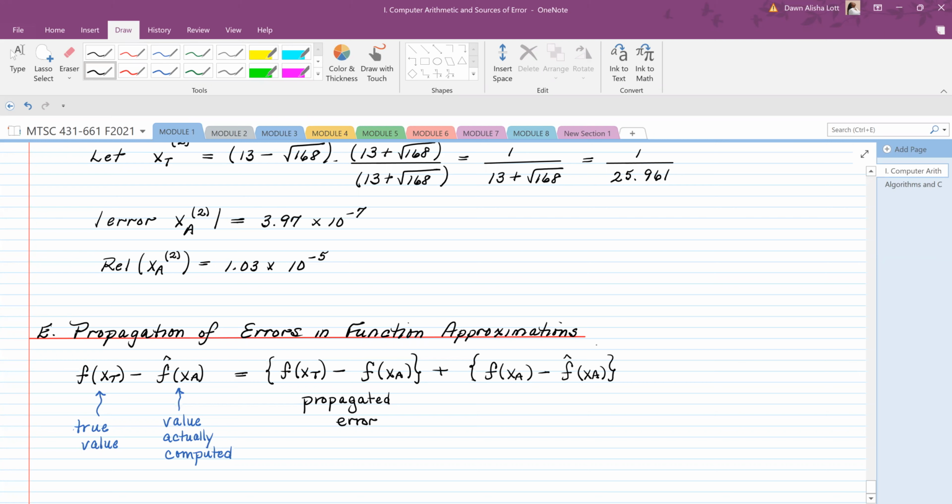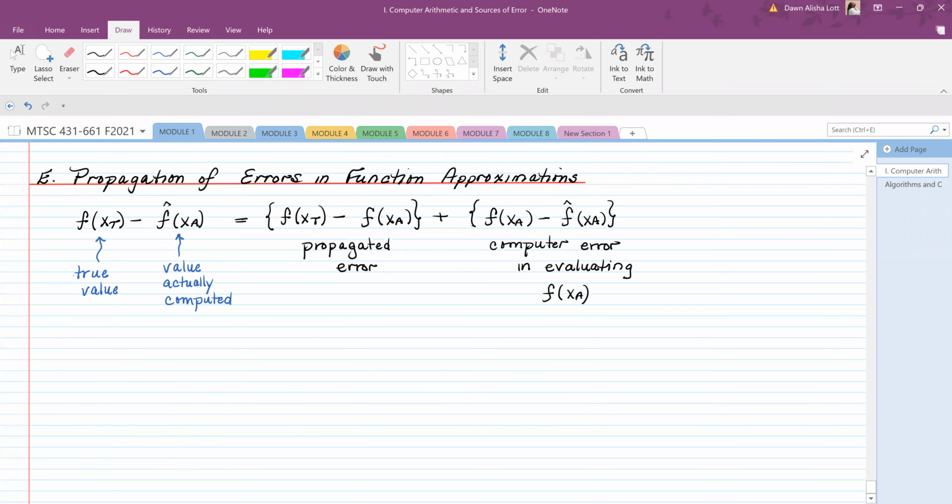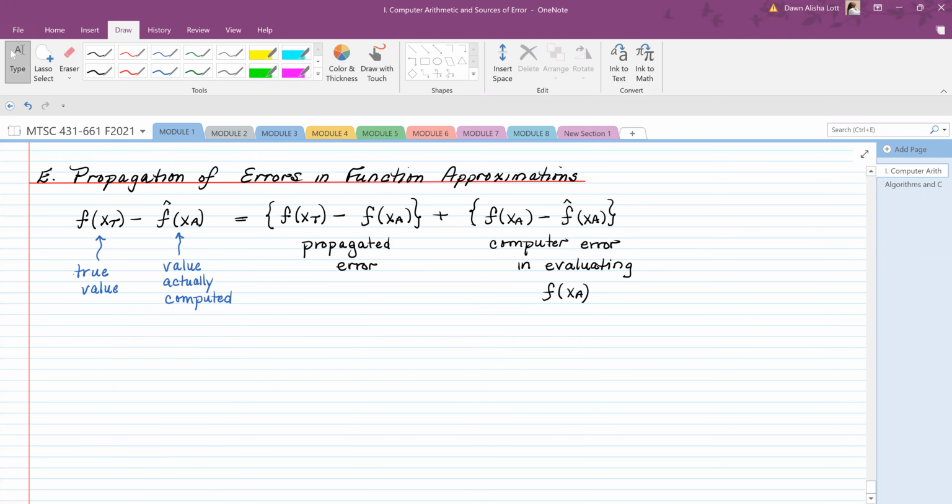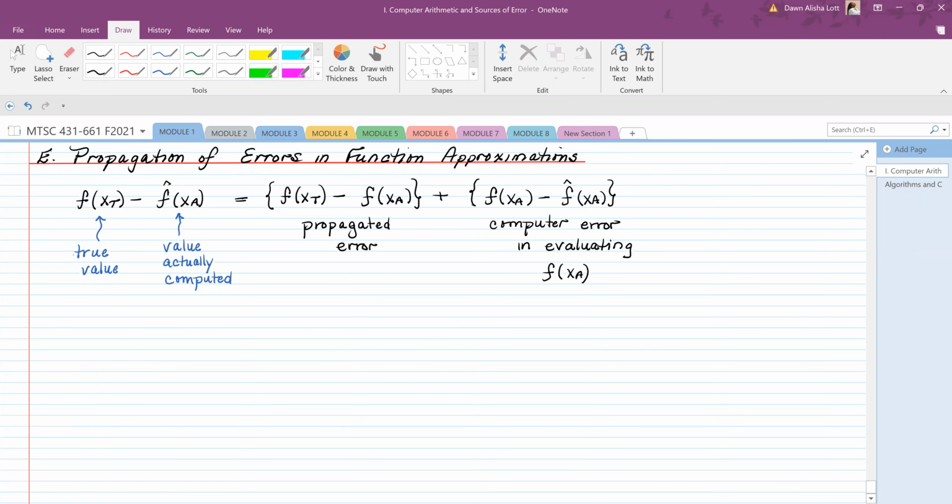And so this is the computer error in evaluating f of x approximate. Okay, so let's just do a brief example, Taylor series on propagated error.